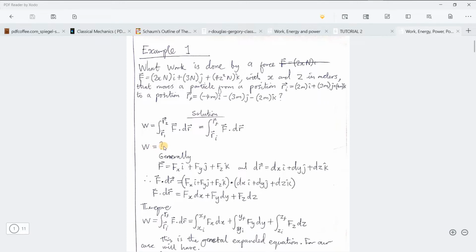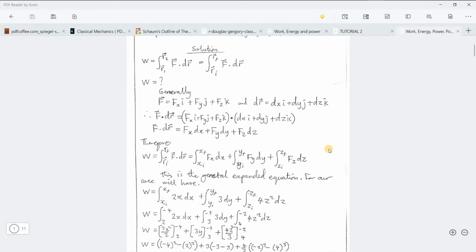I've left it deliberately with a question mark. First we're going to look at the general way of getting these forces and the dr vector.